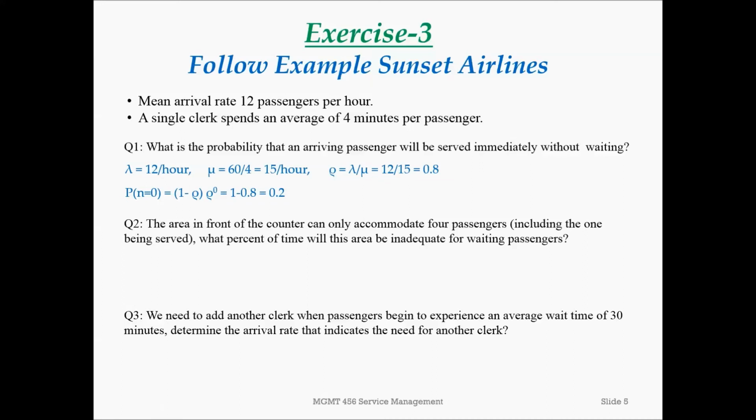So when there are 4 or more passengers, this area will be inadequate for the waiting passengers. So this question is asking how likely there will be more than 5 passengers in the system. So inadequate space is the same thing as more than 5 passengers. So the probability that you will see more than 5 passengers is rho to the 5th power.